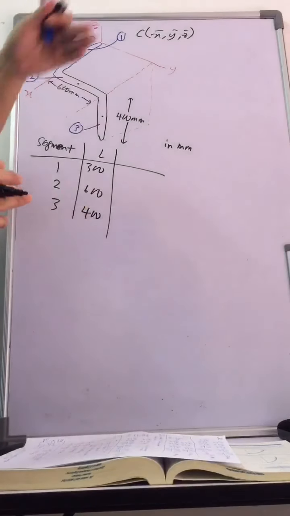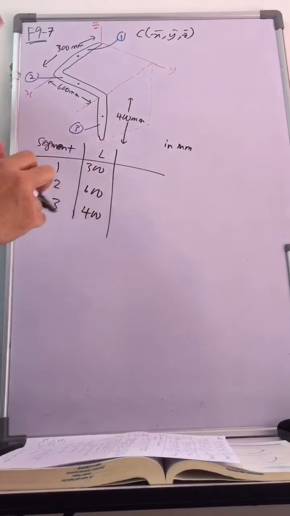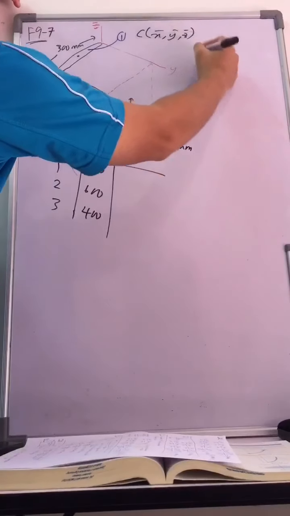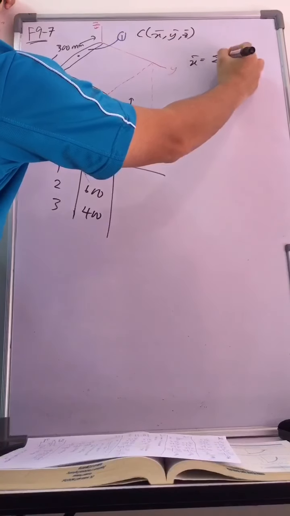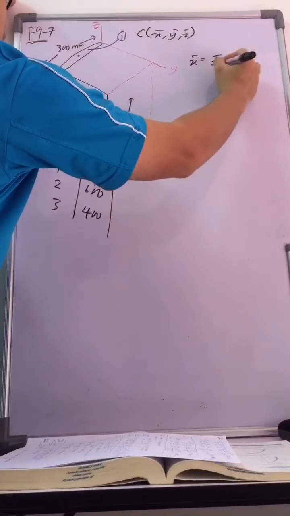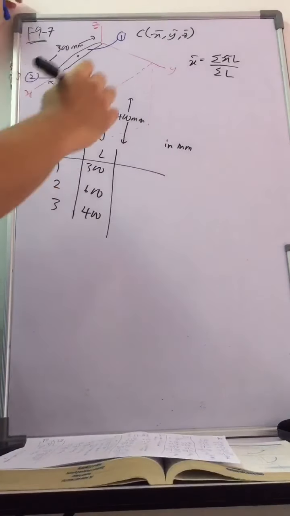But before that, let's step back for a while. Why do we want to do this? The reason is that your X bar in this case is the summation of X tilde L over the summation of L, because this is just a function of L, right?